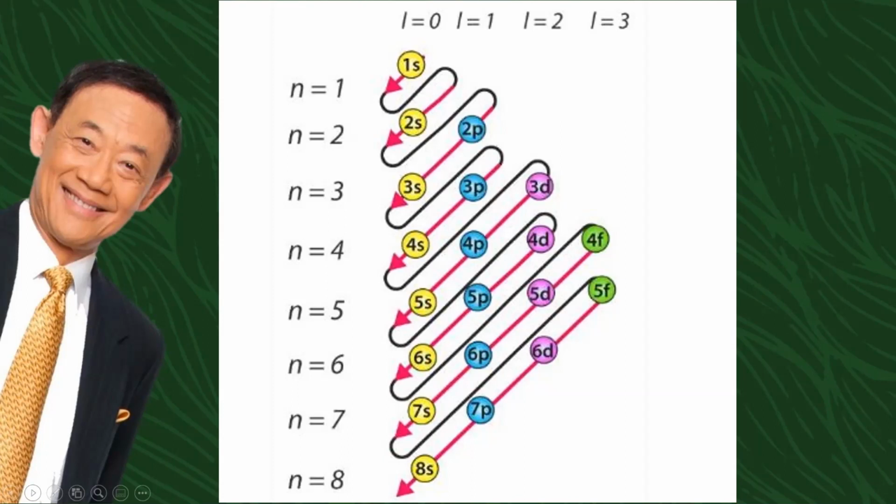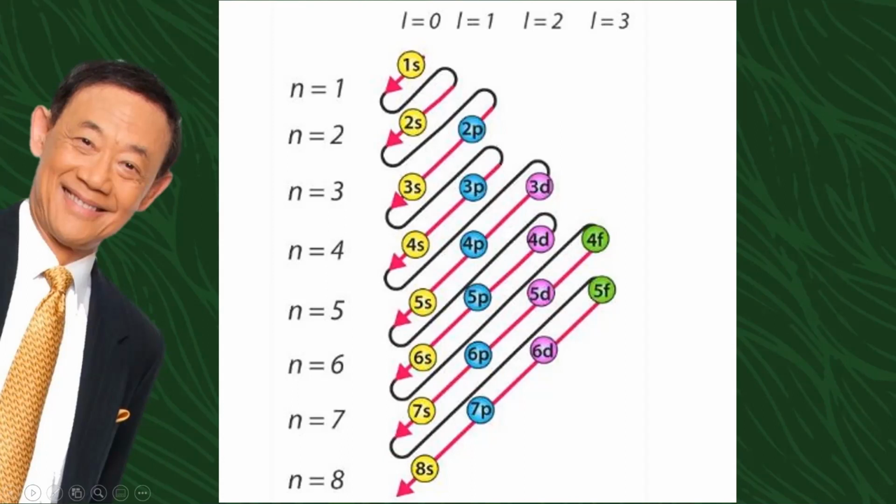And what is this Christmas tree all about? This is the arrangement of our orbitals. 1s, 2s, 2p, 3s, 3p, 4s, 3d, 4p, 5s, 4d, 5p, 6s, 4f, 5d, 6p, 7s, 5f, 6d, 7p, 8s.